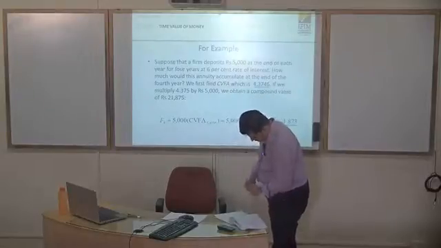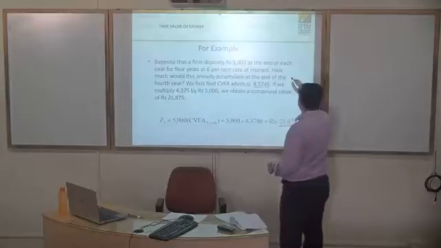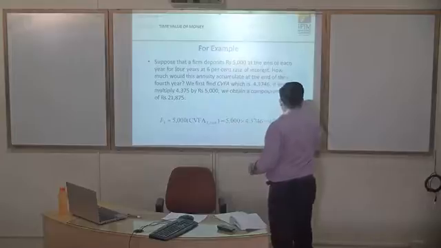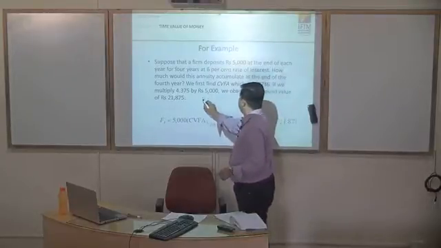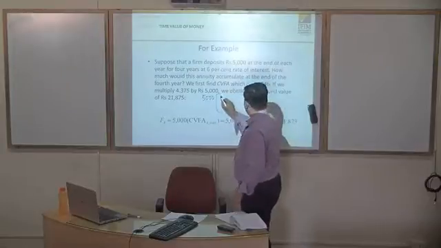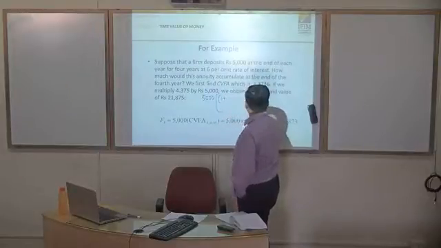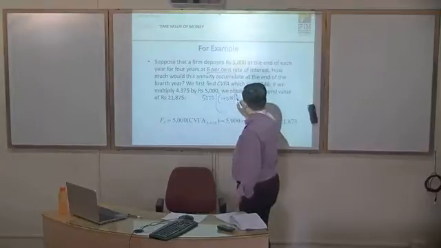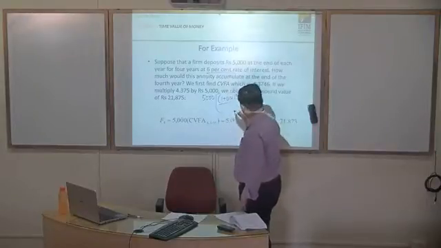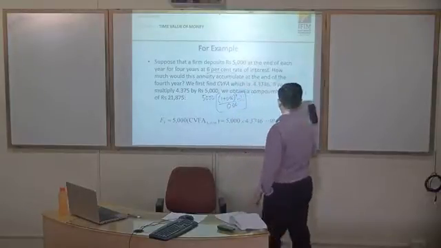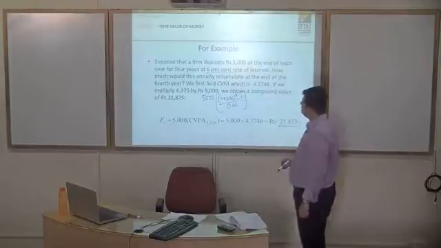Okay, let me do that in the middle of the board so that everyone can see. That's 5,000 into ((1 + 0.06) to the power of 4 minus 1) divided by 0.06, which gives you 21,873.